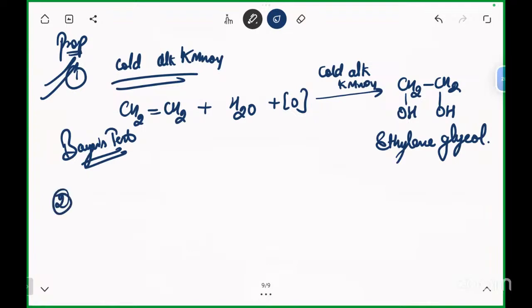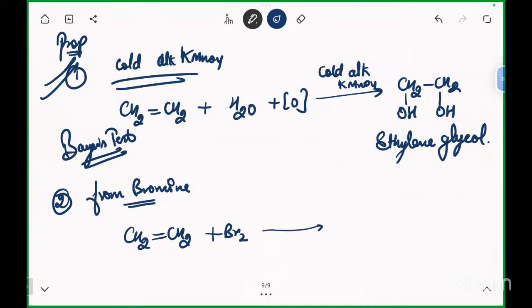Second method for checking whether the compound is unsaturated or not, we can take the help of bromine. So what happens when it reacts with bromine? See, CH2=CH2, when it reacts with bromine in the presence of solvent CCl4, it undergoes an addition reaction, one bromine to each carbon.